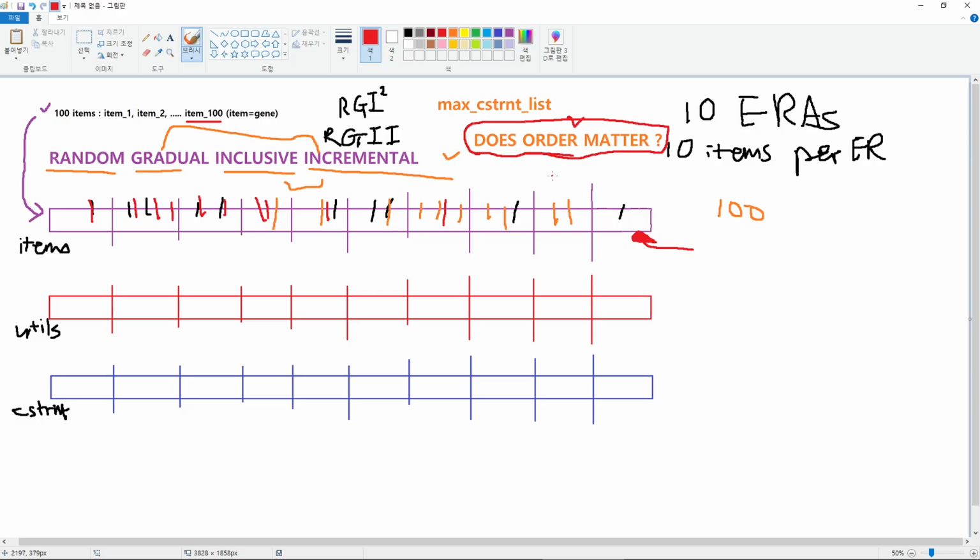Which is a good thing, by the way, in its own way. But anyway, same max constraint list. The purpose, does order matter? That's what I'm trying to see.